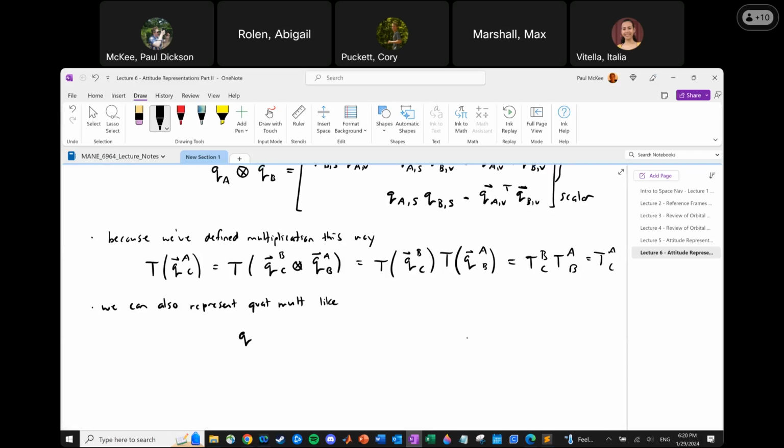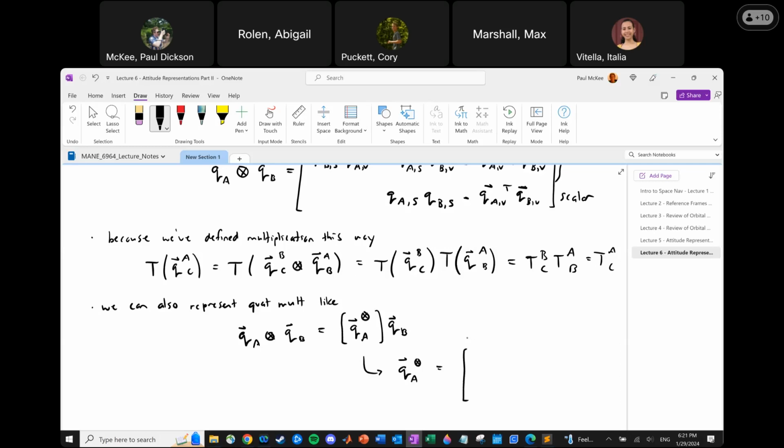QA multiplied by QB is the same thing as Q raised to the multiplication symbol times QB, where we're producing a quaternion multiplication matrix. So QA raised to the power of multiplied is equal to this.